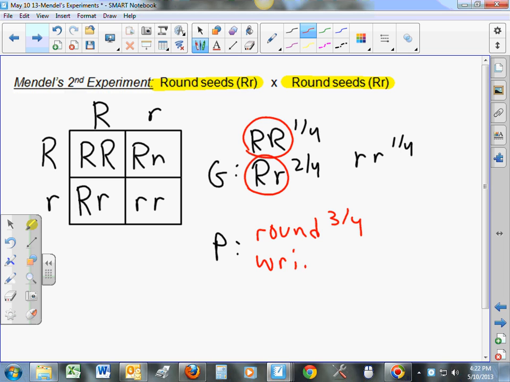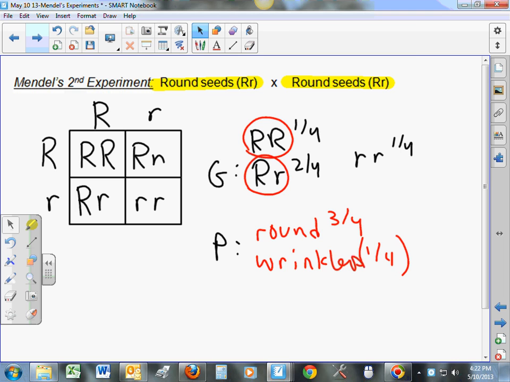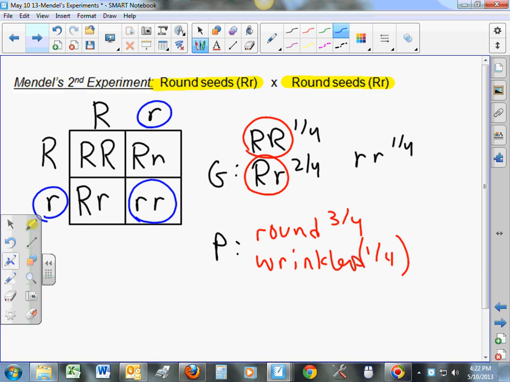Now, the cool thing is that you also have a chance of getting a plant that has wrinkled seeds, and that's a 1 out of 4 chance. So because both of these parents are hybrids, they're carriers for the recessive form of the trait, and it actually could show up in the offspring. So maybe we're not talking about pea plants, but we're talking about people. You know, dark eyes are dominant and light eyes are recessive.